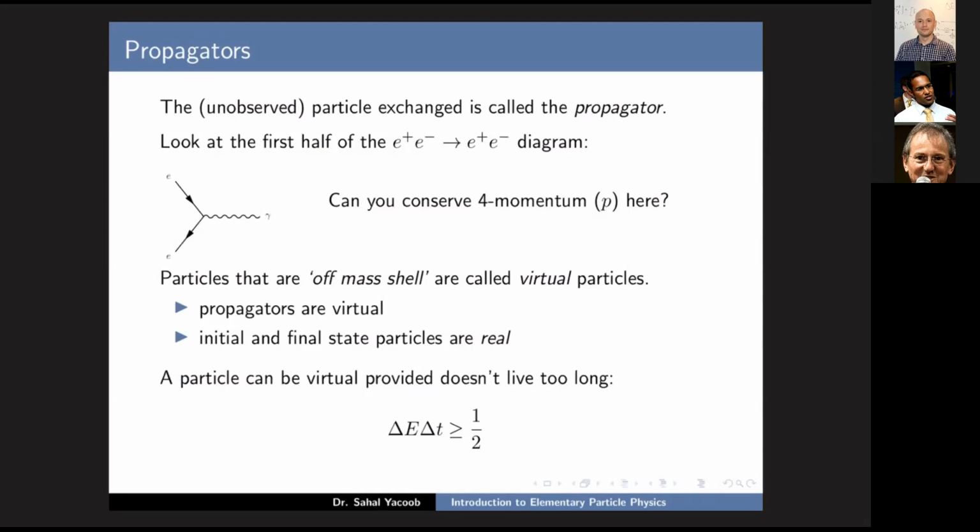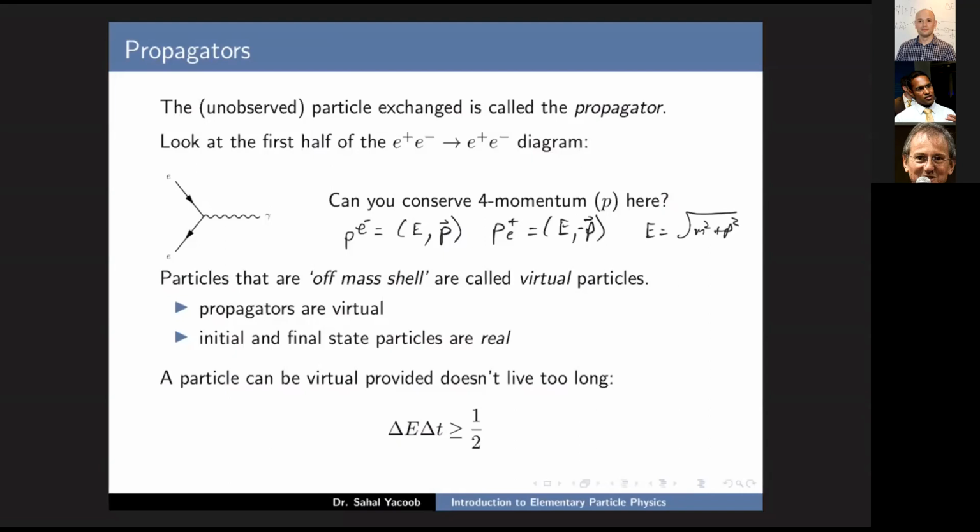So for the e minus, we will have the 4-vector P e minus equal to the energy and momentum, and then P e plus is equal to the energy minus the momentum, where the energy is equal to the square root of m squared plus p squared. And since both particles have the same mass, they'll be the same.